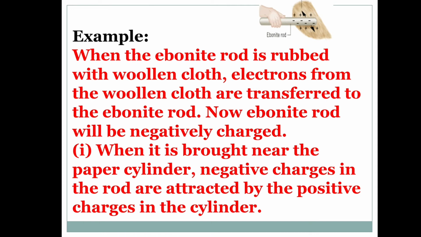Example, when an ebonite rod is rubbed with woolen cloth, electrons from the woolen cloth are transferred to the ebonite rod. Now, the ebonite rod will be negatively charged. So, when it is brought near the paper cylinder, negative charges in the rod are attracted by the positive charges in the cylinder.